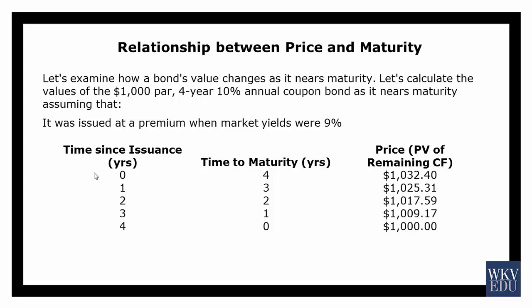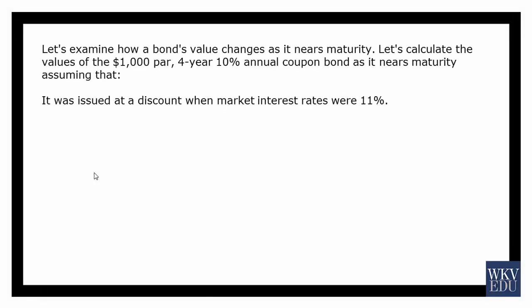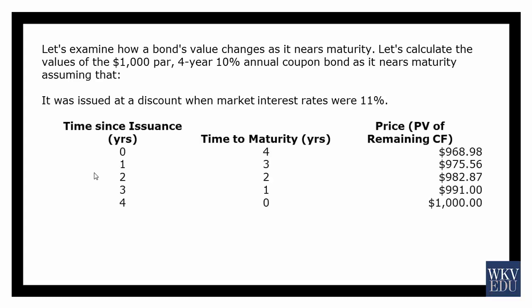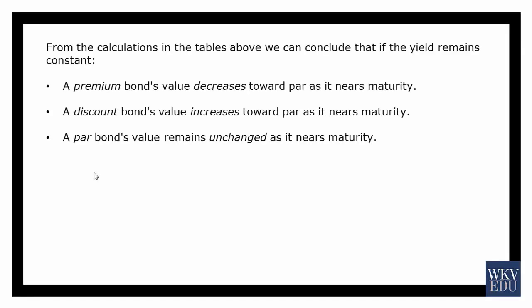Clearly, as the time to maturity comes down, the price or the value of the bond falls. It falls from premium to par. Now, if the market rates were 11%, as the maturity nears, the value of the bond increases towards the face value. From these calculations in the table, it is clear that the premium bond's value decreases towards par as it nears maturity.